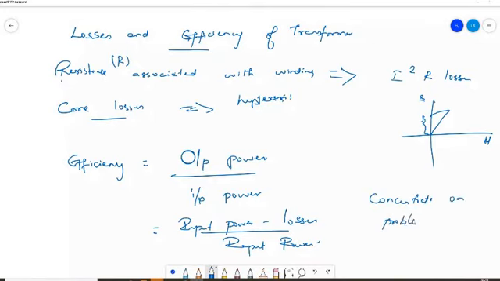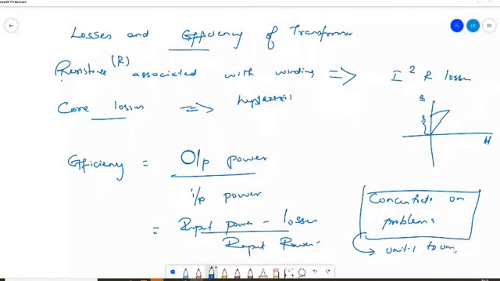In units 5 and 6, I am not discussing any problems. So look for problems from unit 1 to unit 4. Units 5 and 6 are purely theory because we don't have much time to discuss problems. So give more concentration to problems for your end semester.